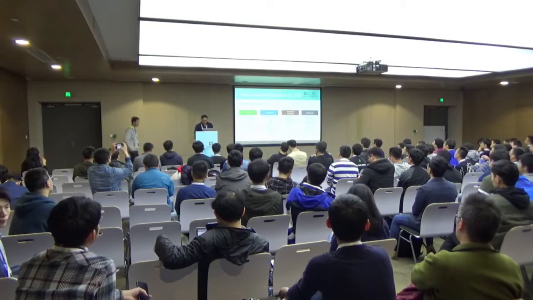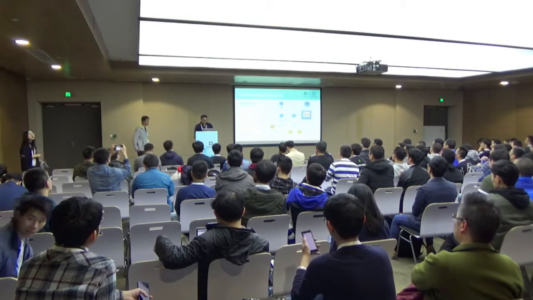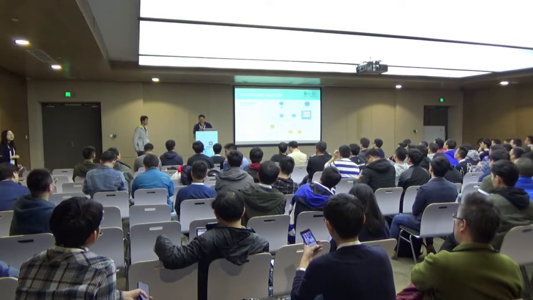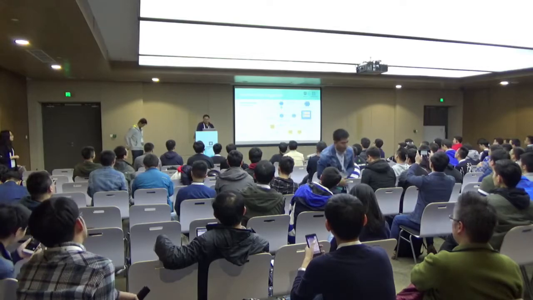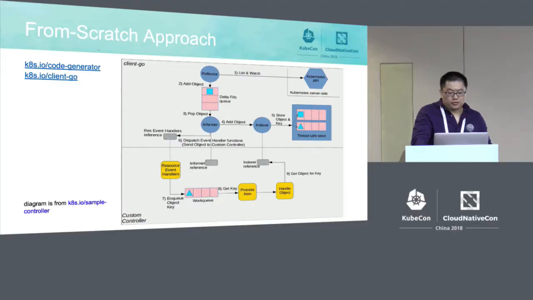Thank you, Mengqi. First, let's look at the general workflow in a controller built from scratch. A controller is an infinite loop working on the objects in the cluster and performing reconciliation on the objects.